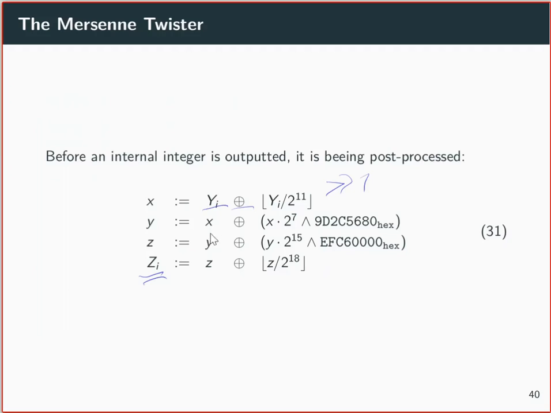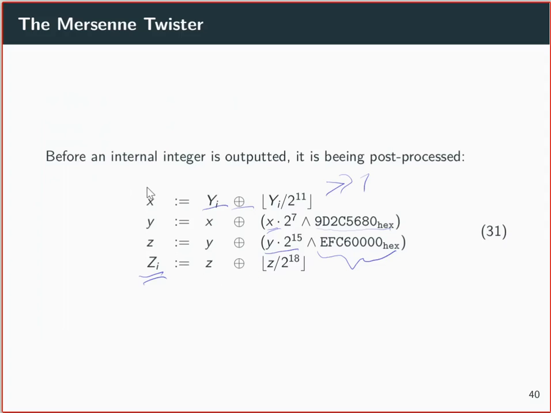Then we XOR this value with X left shifted by 7 bits and with logical AND this, and then we XOR this value left shifted by 15 bits with the logical AND of this magic constant, and then we right shift this value by 18 bits and XOR it to itself.